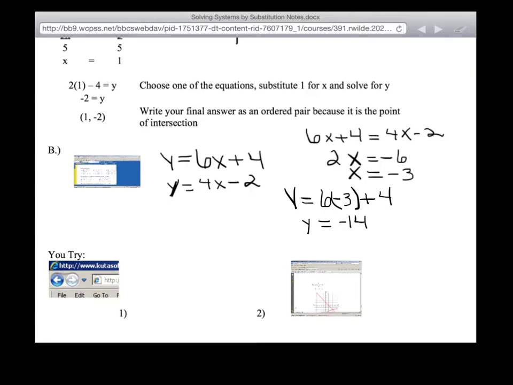Remember, your final answer has to be written as an ordered pair because that is the point of intersection. So your final answer is negative 3, negative 14.